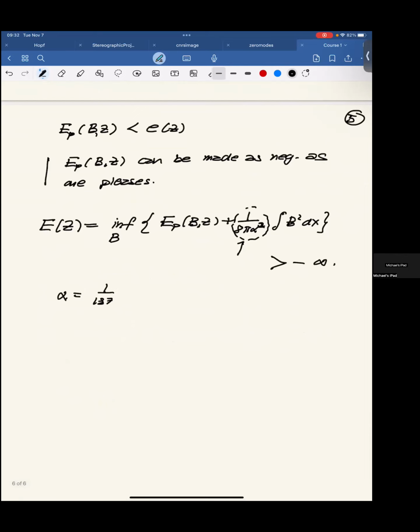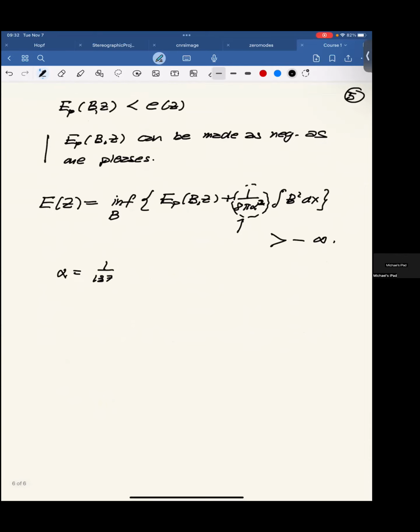So mathematically speaking, this boils down to considering the functional E of psi and A, or psi and B, I could also say. Before I forget, here's a neat identity. When you look at minus i gradient minus A, squared, minus sigma dot B, that you can always write as the square of sigma dot, minus i gradient minus A. That's an interesting computation which I recommend everybody to do.